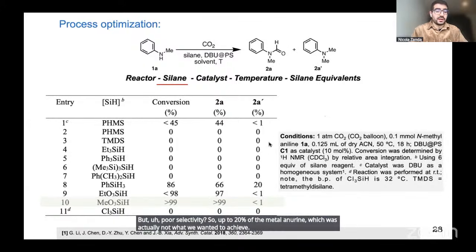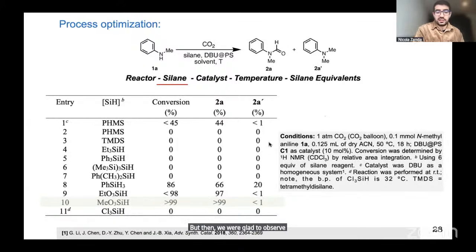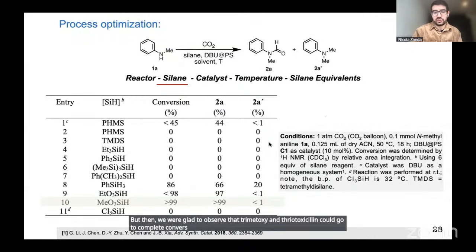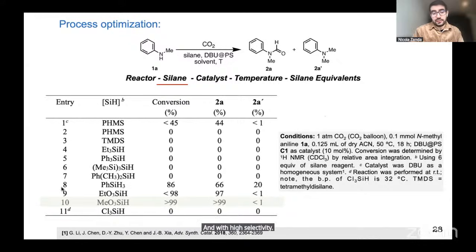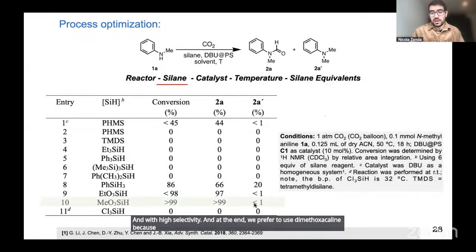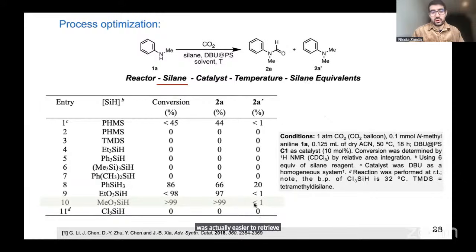But then we were glad to observe that trimethoxysilane and triethoxysilane could go to nearly complete conversion with high selectivity. And in the end, we preferred to use trimethoxysilane because it was slightly cheaper and easier to find on the market, while triethoxysilane was more complicated.